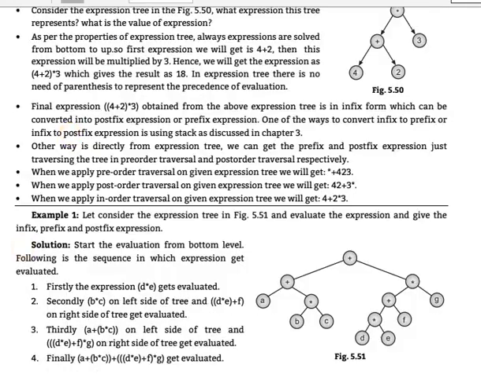Okay, so start from the bottom level. Firstly, the expression B multiplication E gets evaluated. Second is B multiplication C on the left side of the tree.